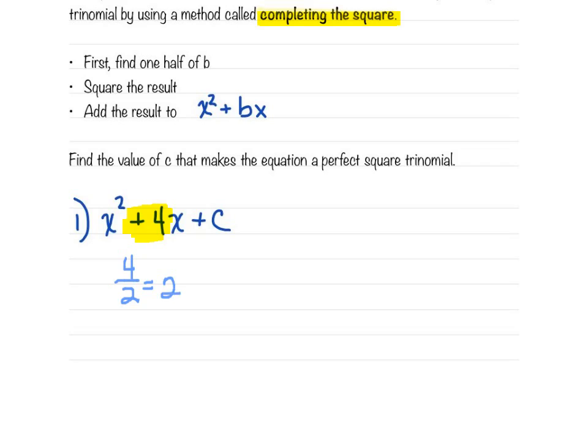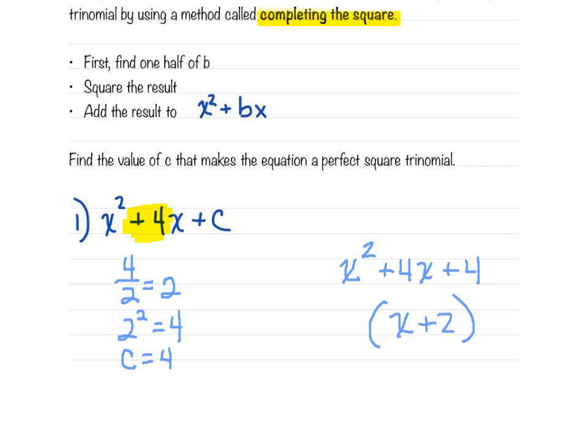Second step says square the result. So 2 squared is 4. Therefore, c equals 4. And here's your perfect square trinomial: x squared plus 4x plus 4. Later on in the lesson, we will be factoring it using the pattern, and we know that this is x plus 2 squared.